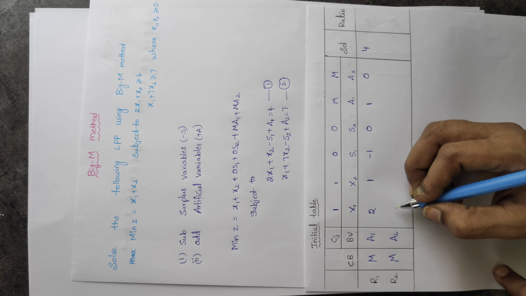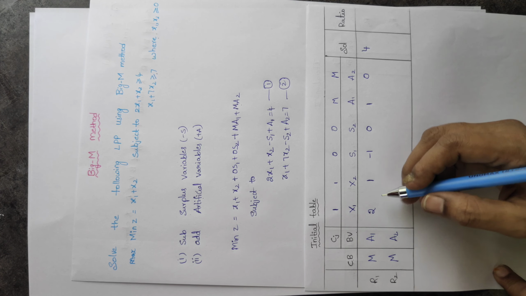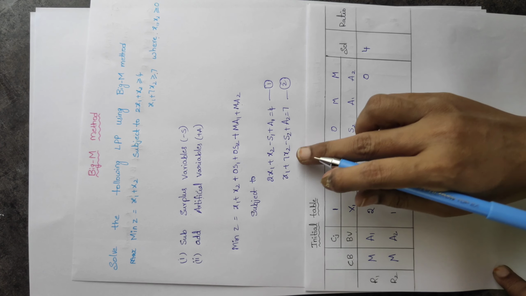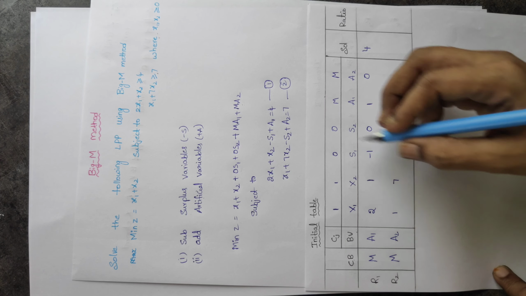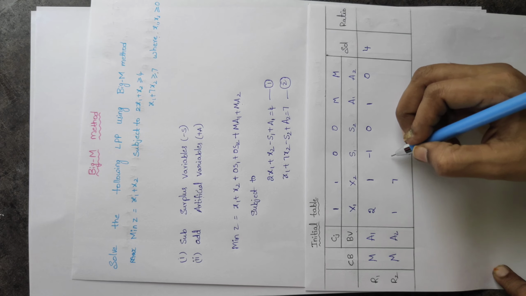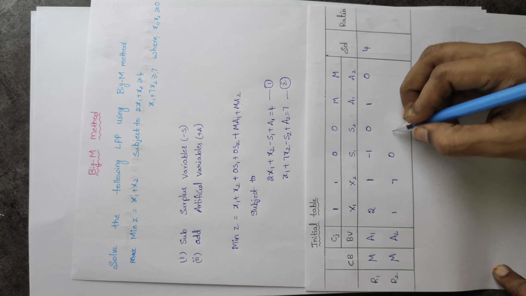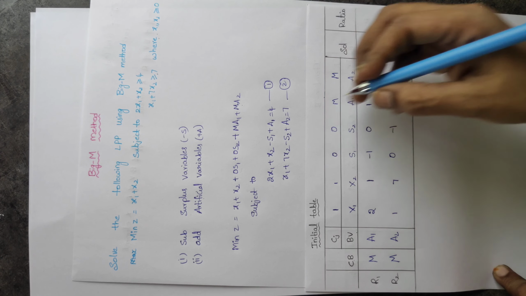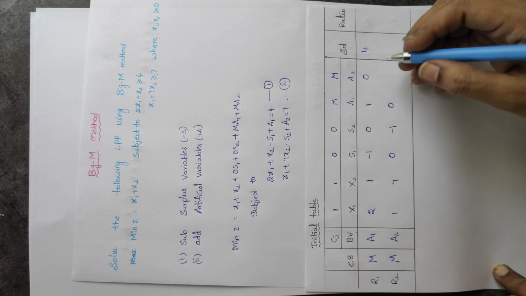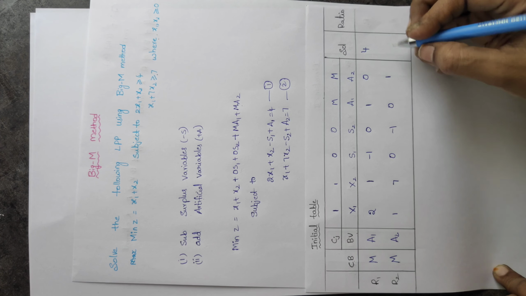And in the second equation, the coefficient of x1 is 1, the coefficient of x2 is 7, the coefficient of s1 is 0, the coefficient of s2 is -1, the coefficient of a1 is 0, the coefficient of a2 is 1, and the solution is 7.